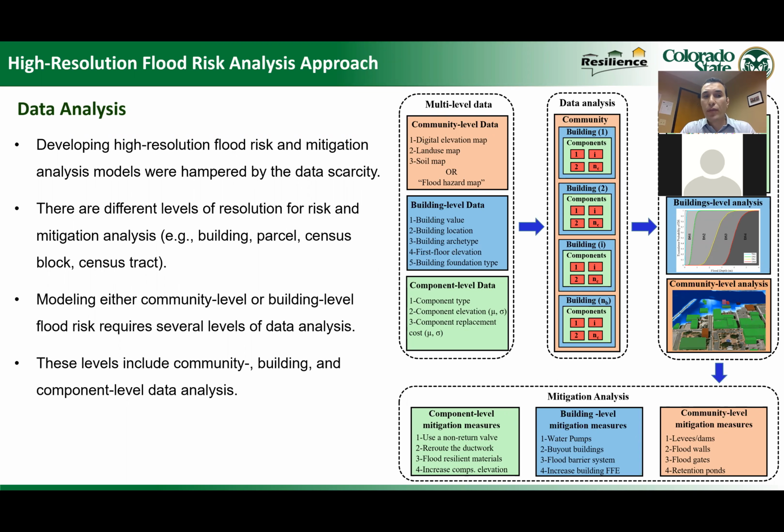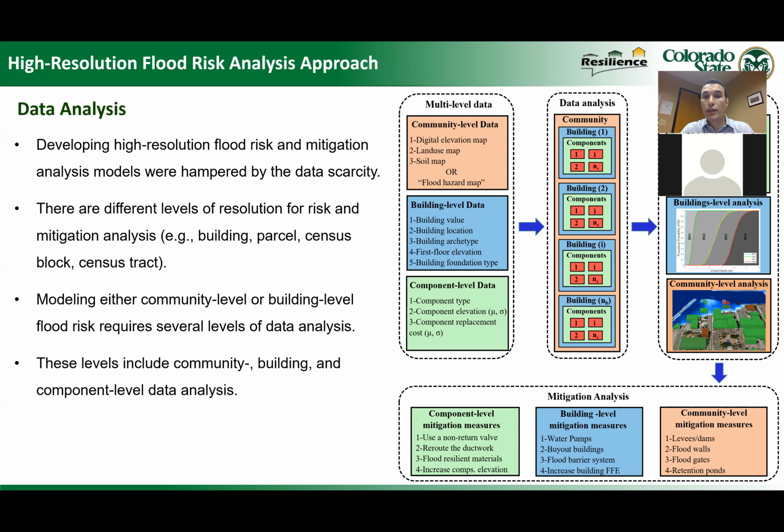The different levels of resolution available in the literature range from parcel level to census block level or census tract level, or even land use, which hydrologists usually use as a vulnerability level for their analysis. So modeling either community-level or building-level flood risk requires several levels of data analysis if we need to come up with a high resolution model.